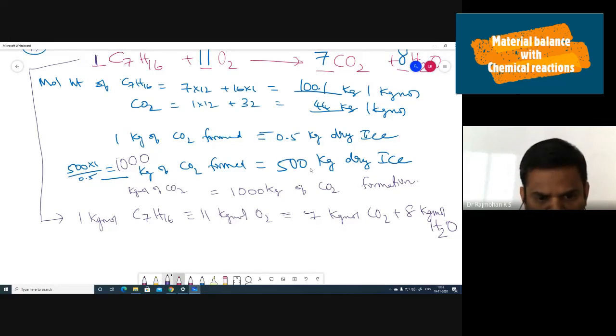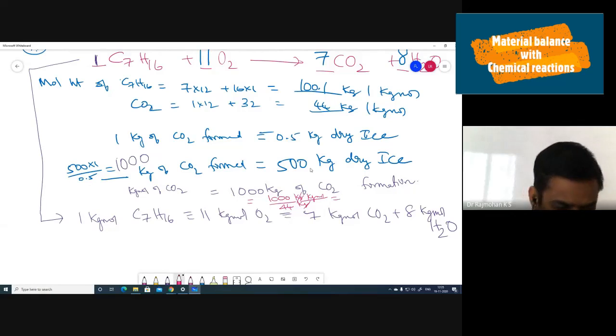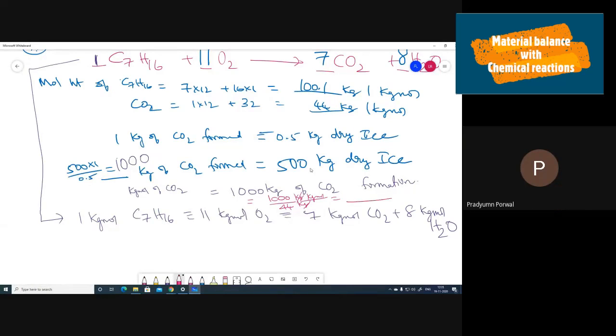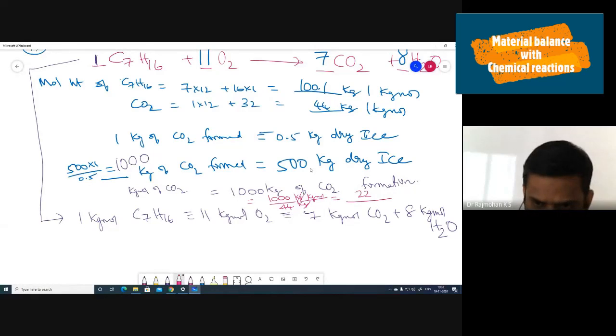If we multiply by kg per kg mole, it won't get cancelled, so we have to divide by molecular weight. 1000 kg of CO2 is equal to 1000 divided by 44 kg per kg mole. The kg gets cancelled, and we get 1000 by 44, which is 22.727 kg moles of CO2 to be formed.